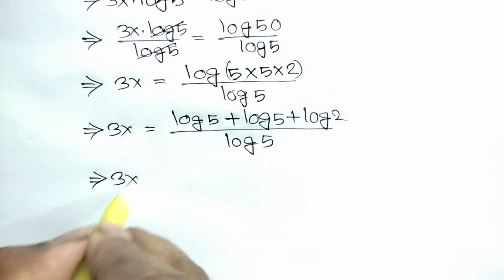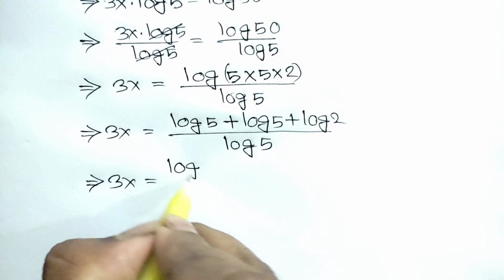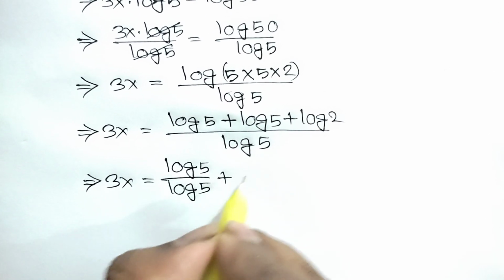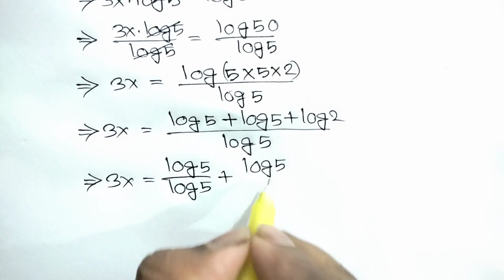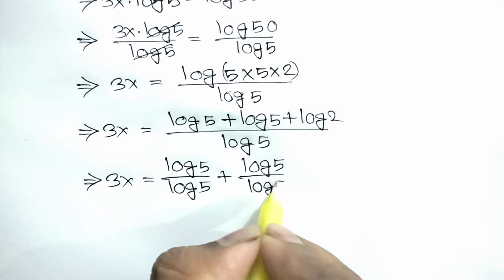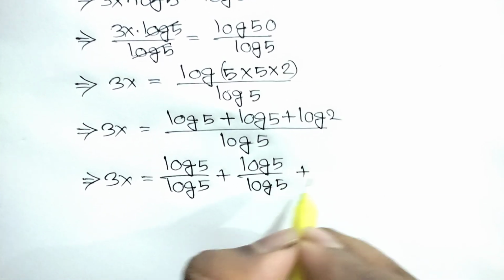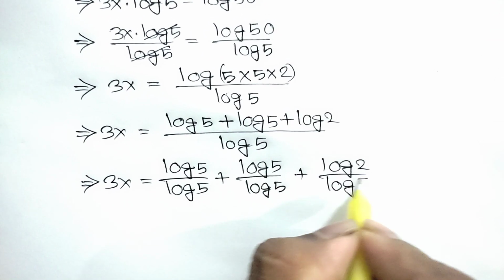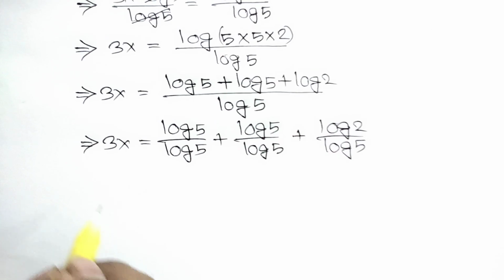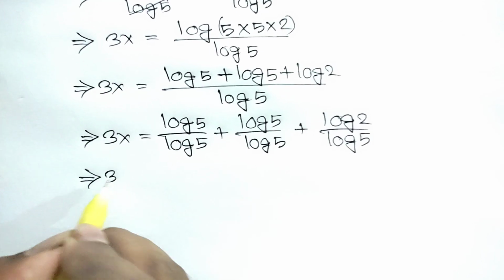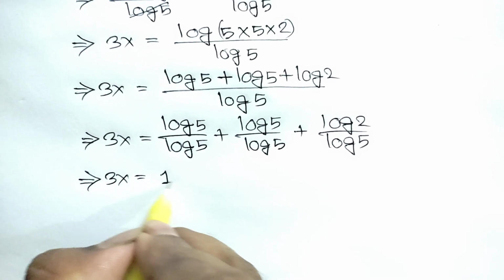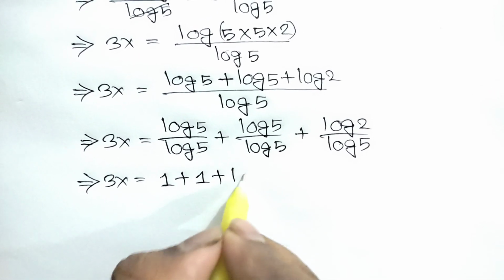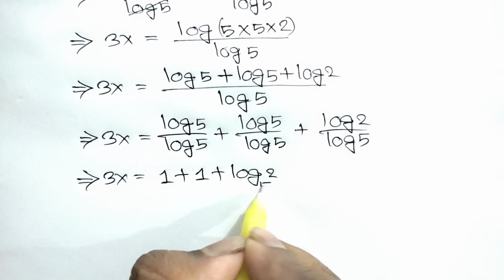Or 3x is equal to log of 5 over log of 5 plus log of 5 over log of 5 plus log of 2 over log of 5. So 3x is equal to, here we will get 1 plus, similarly here we will get 1 plus, here we can write log of 2 base 5.